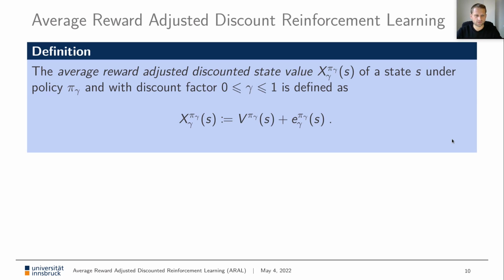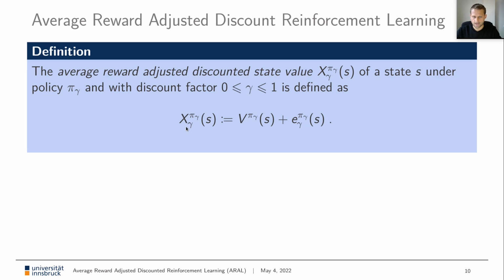So with this we can already define the average reward adjusted discounted state values x of a state S under the policy pi, and note that we allow to set a discount factor of 1.